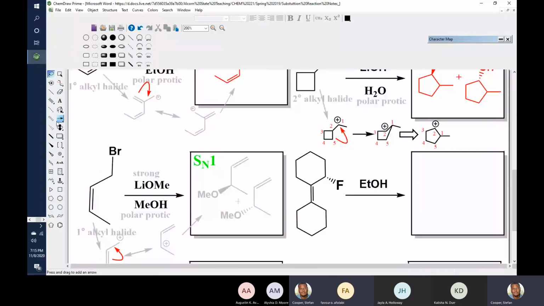Okay, great. All right, let's move on to this next one here. Sorry, I forgot to do something on top here. What type of alkyl halide is this? Secondary. Yeah, secondary. What type of solvent do I have? Polar protic. Yeah, polar protic, and my solvent is also my nucleophile. It's not going to let me do anything else.